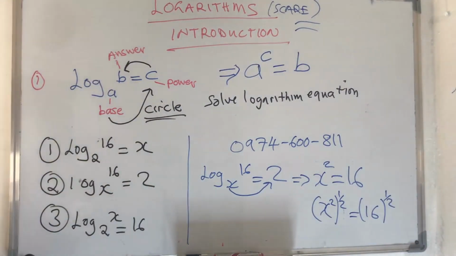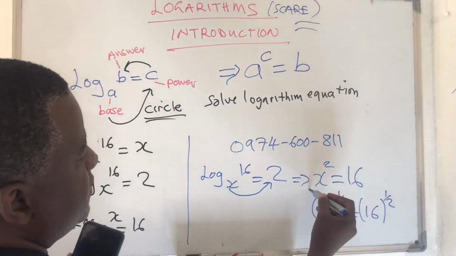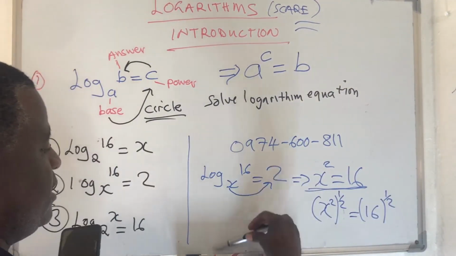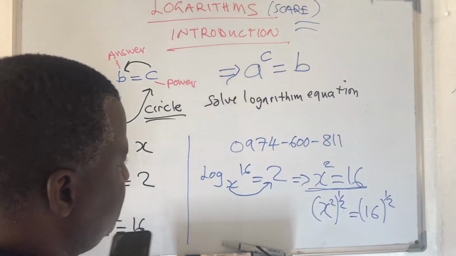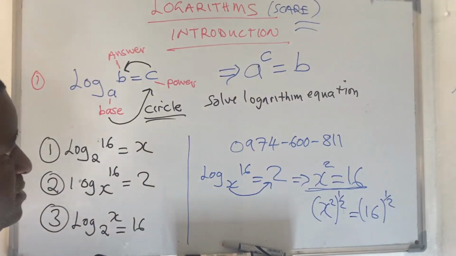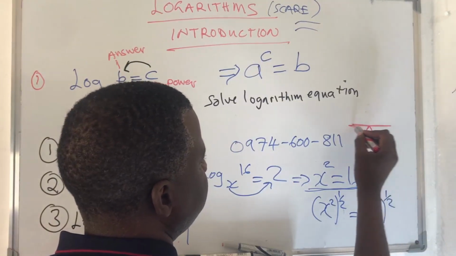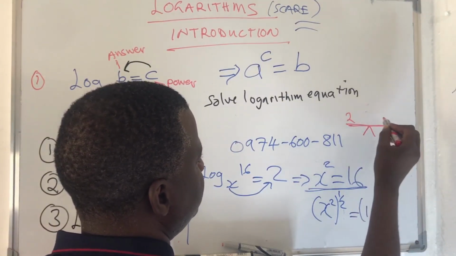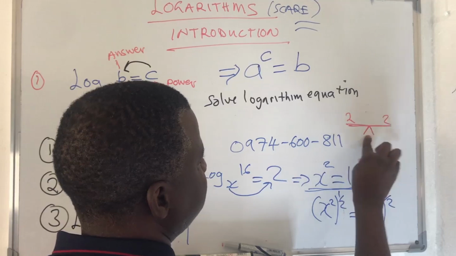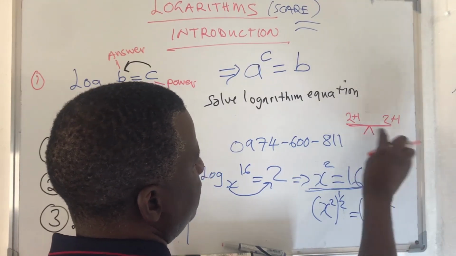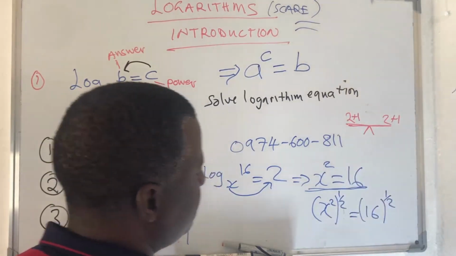So the way mathematics works, if you've got two things like this here, whatever you do this side, if you also do it the other side, the equation will still balance. Because it's like you have a scale like this here, isn't it? Here you have 2, here you have 2, so it has balance. So if I say plus 1 here, even here I should do plus 1, the scale will keep on balancing.